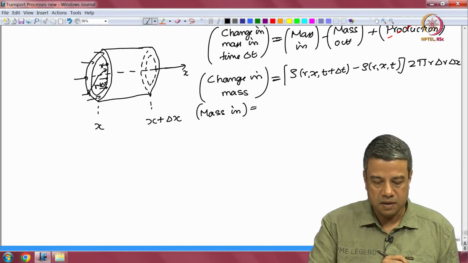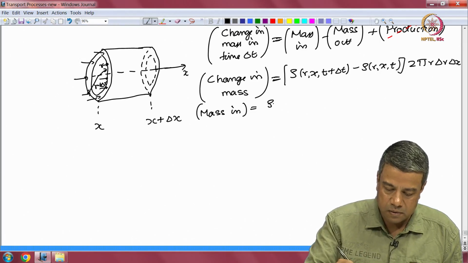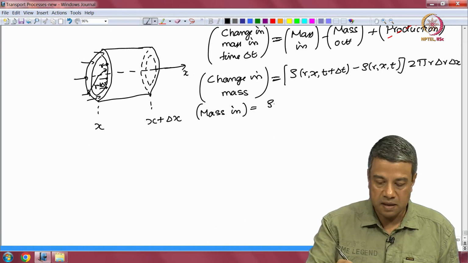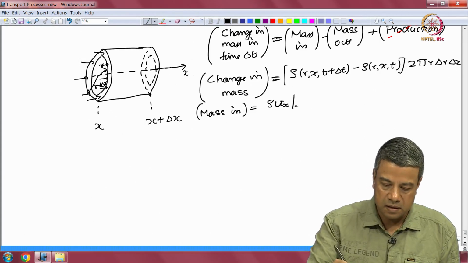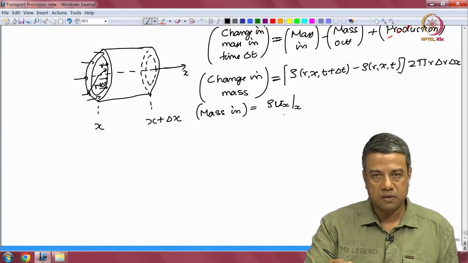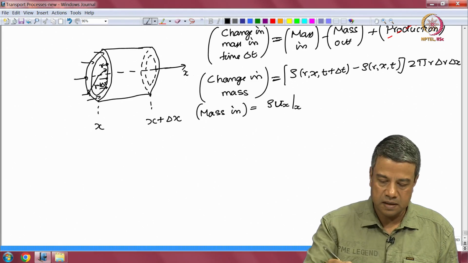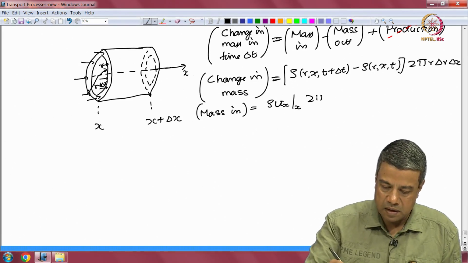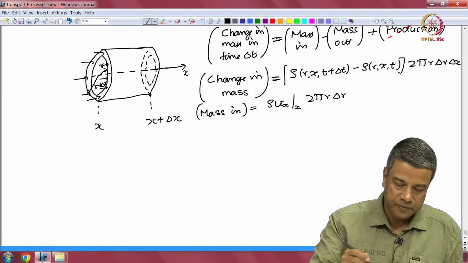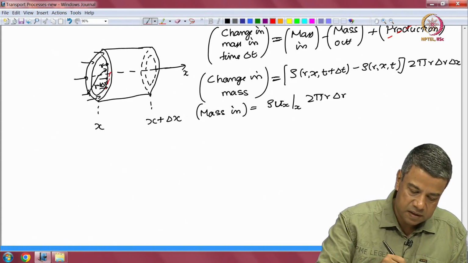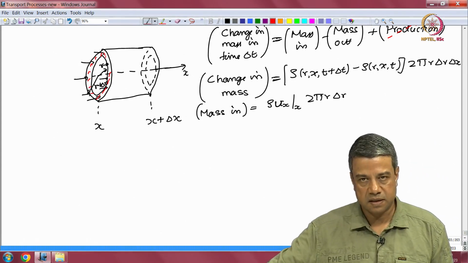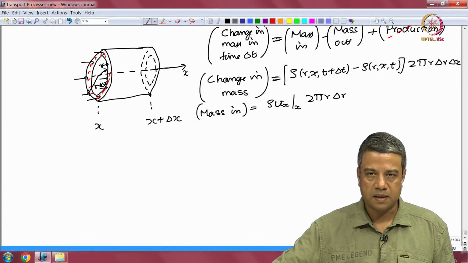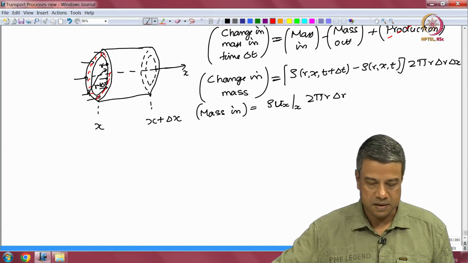So, this is equal to rho, the mass density, times the perpendicular velocity V x at the location x, into the surface area. The surface area is 2 pi r delta r. That is the surface area of the surface at the location x. The surface area is the same at the location x and x plus delta x.